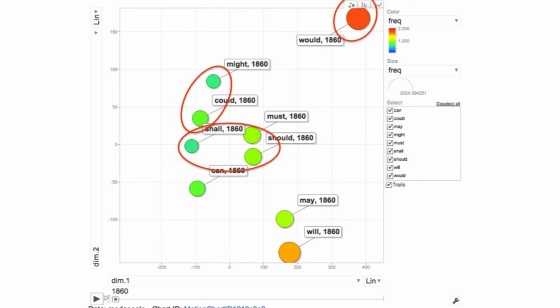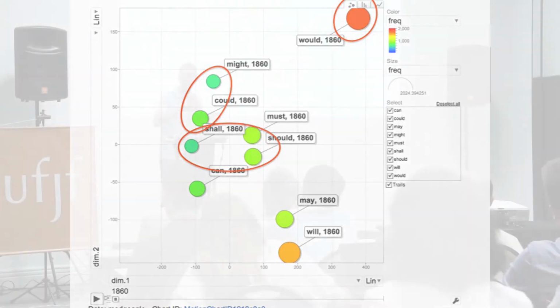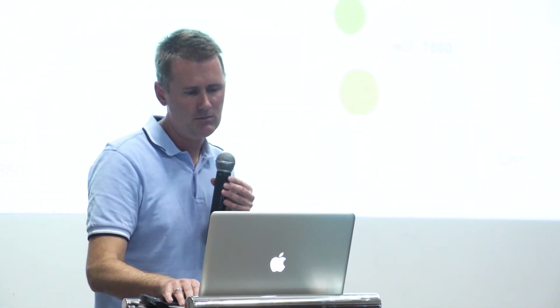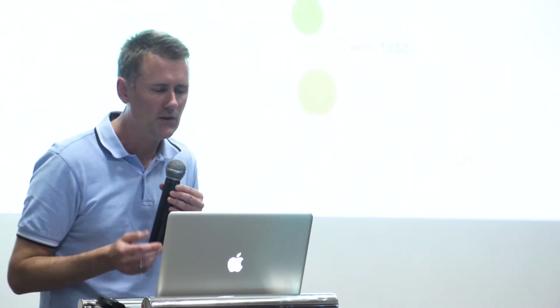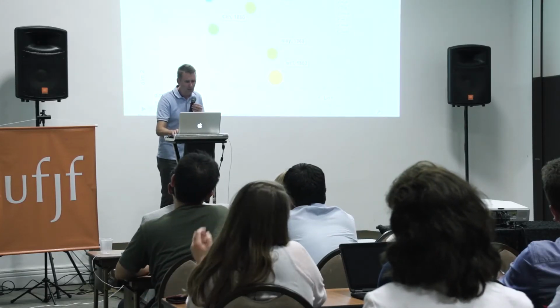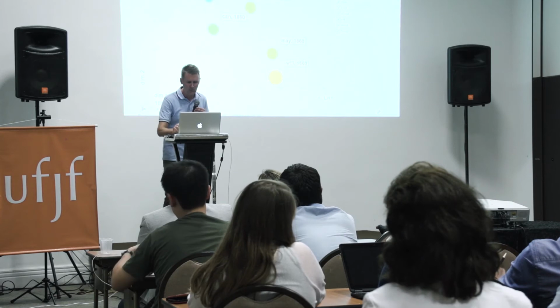We can see that, for instance, must, should, and shall pattern closely together, suggesting that these are modals that encode obligations and have something in common in that way. We see that might and could pattern together. They encode possibilities. And we see that would has a profile very much of its own. So it seems to be doing something different from the rest of the modals.